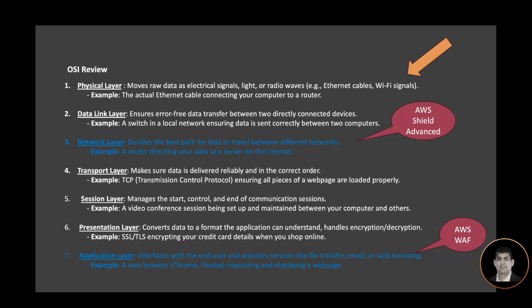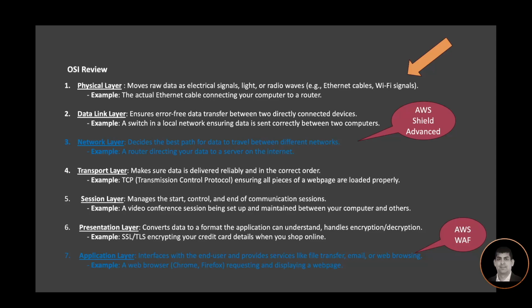Since we're talking about layer 7 and layer 3, I thought I'd provide a quick review of the OSI layers. I'm sure that if you are in the computer engineering field, you probably remember the OSI layers from your engineering classes. There are 7 layers starting from the physical layer all the way to the application layer.